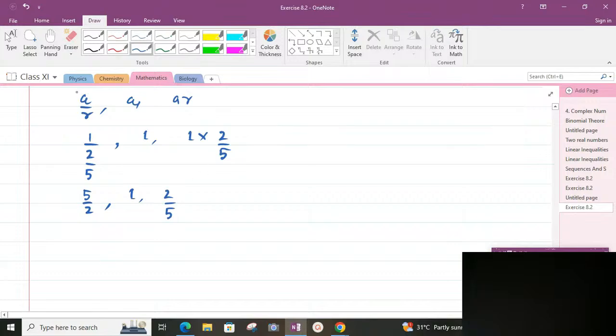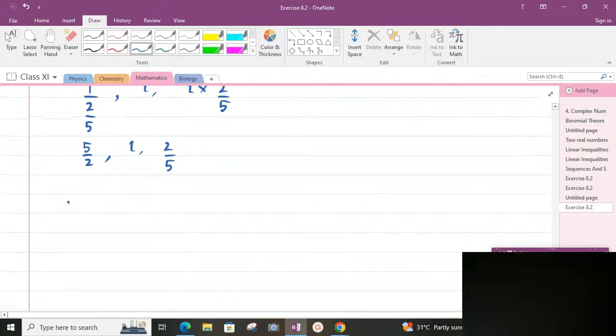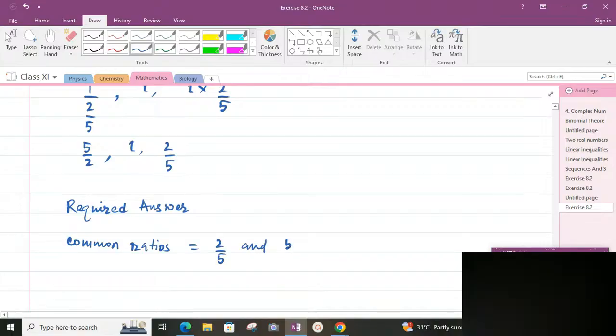So the required answer is: the common ratios are 2 by 5 and 5 by 2.